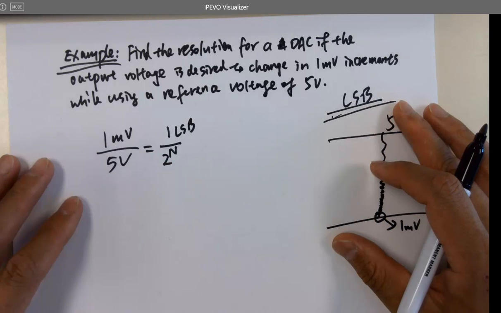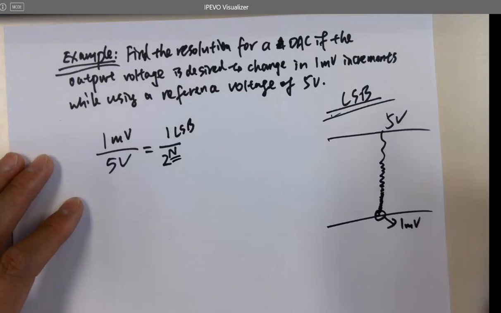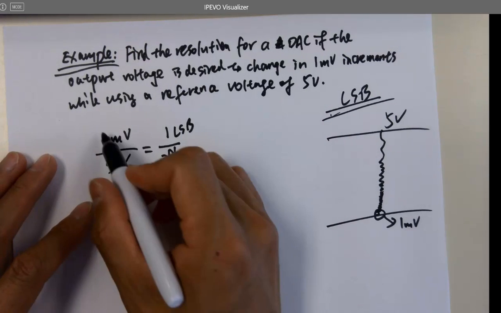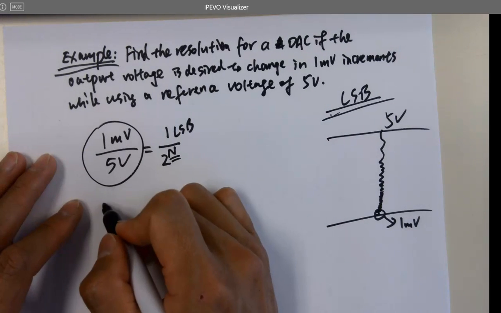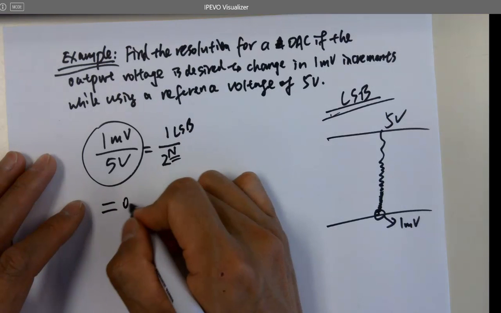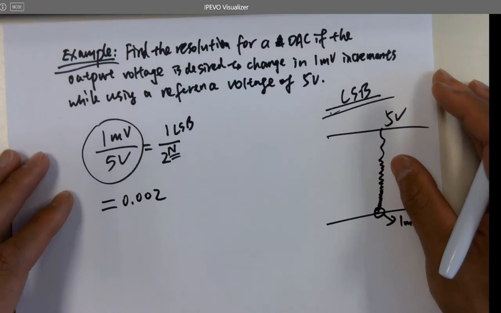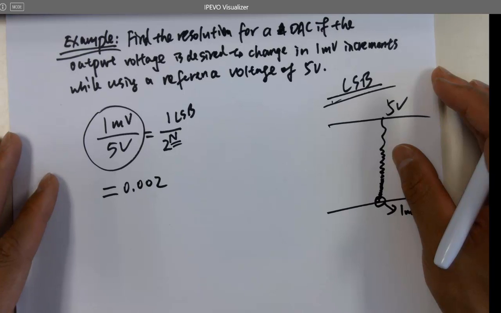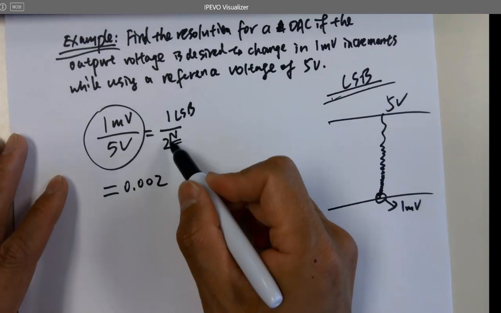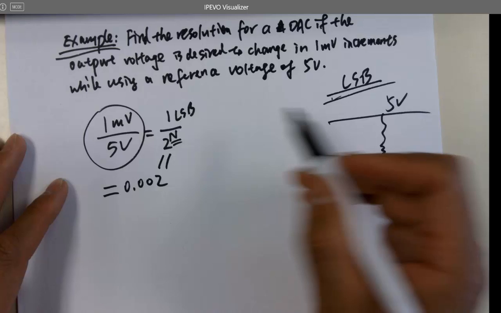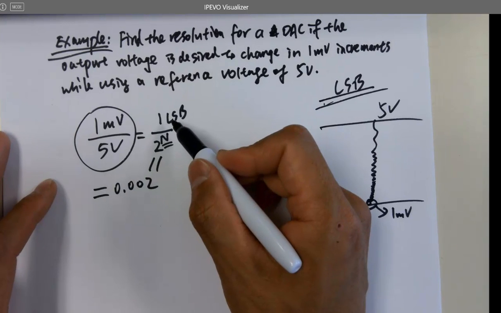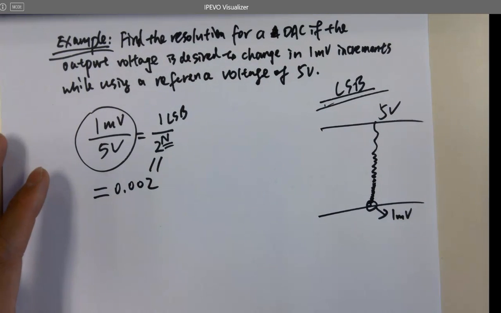So for this equation, you can solve for n from here. This is given, so this equals 0.002. Okay, so 0.002 equals this. And 1 LSB, what's the unit? Is that just 1?